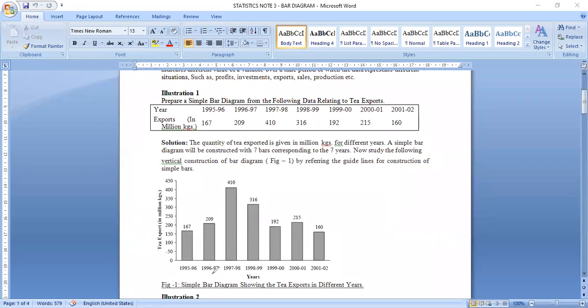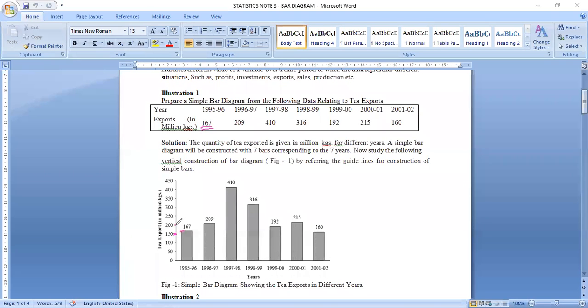Now, when you get 167, this is 150. Apply simple common sense. You can gauge 167 is at this position.